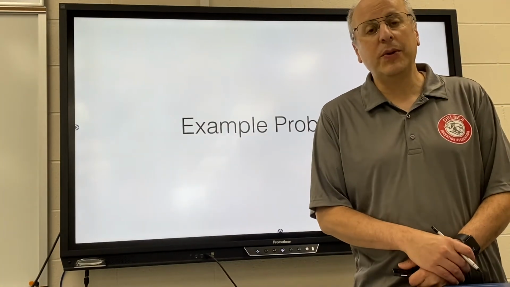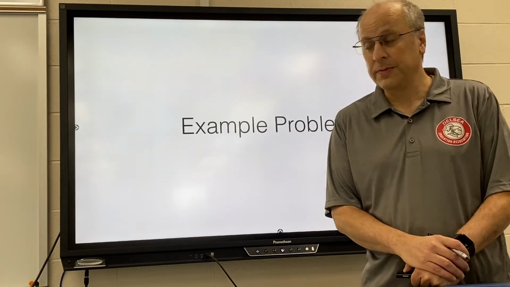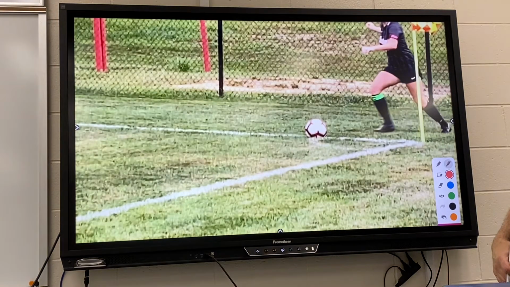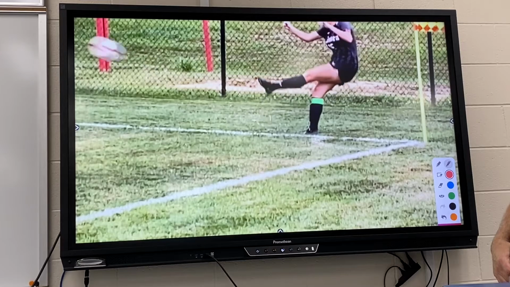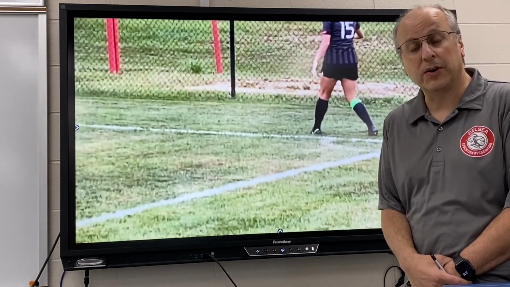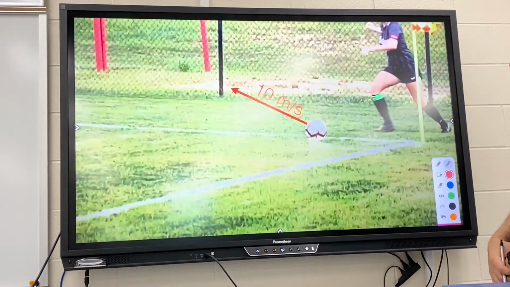Okay, let me show you an example problem, and we're actually going to do two. The first one will be a corner kick. We're going to have a person kick the soccer ball, and we're going to try to work out where is that soccer ball going to land, how long is it going to be in the air, and things like that.